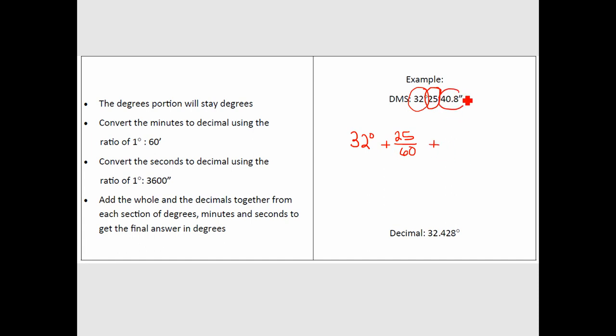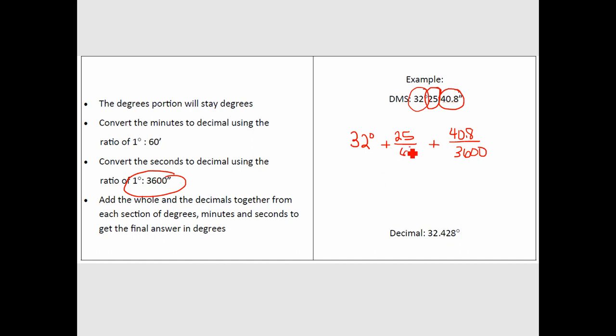And then I have 40.8 out of how many seconds are needed to make a full degree? 3,600. So if I want to convert it all to degrees, I need to be thinking about how each little component makes up 1 degree. That's where the 60 and the 3,600 are coming from.